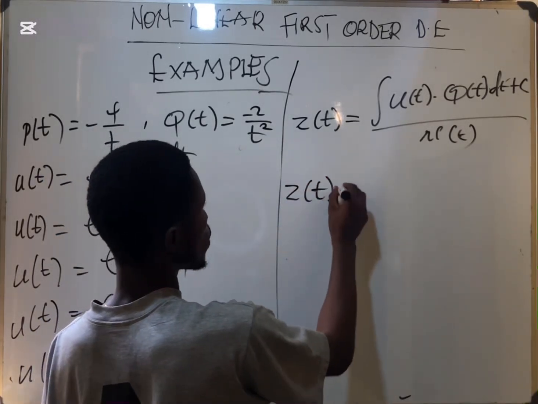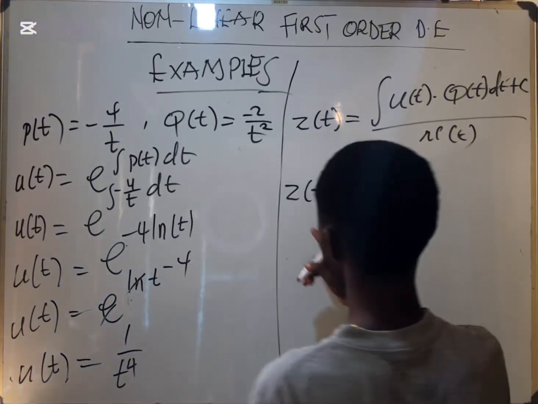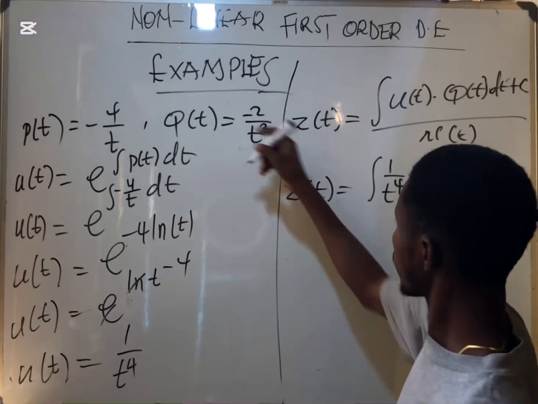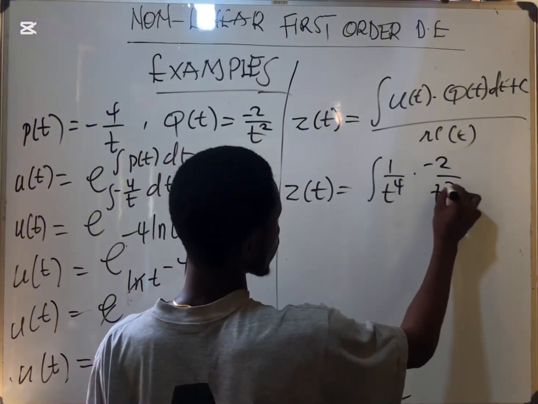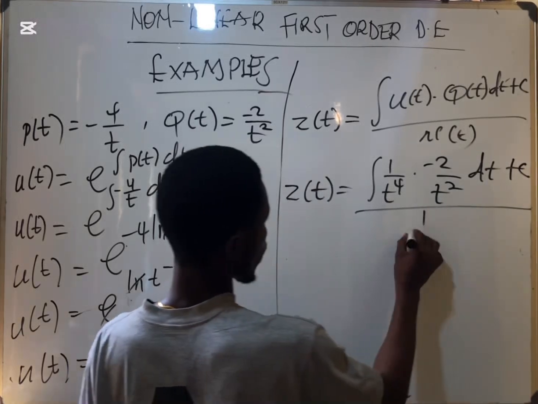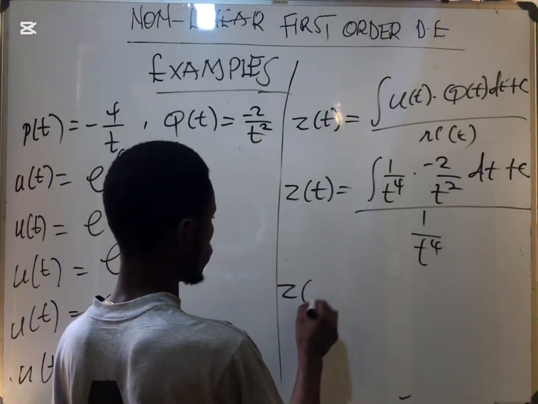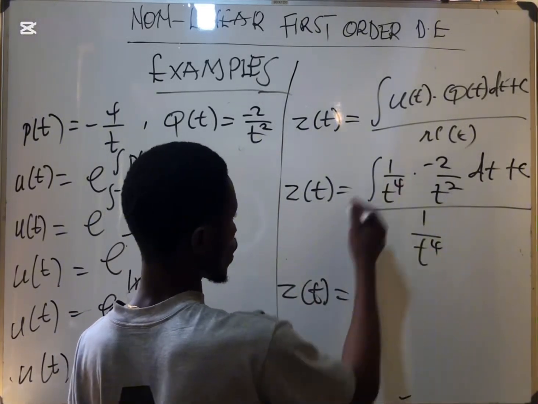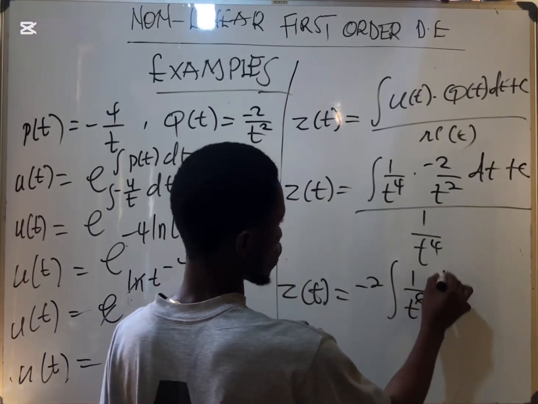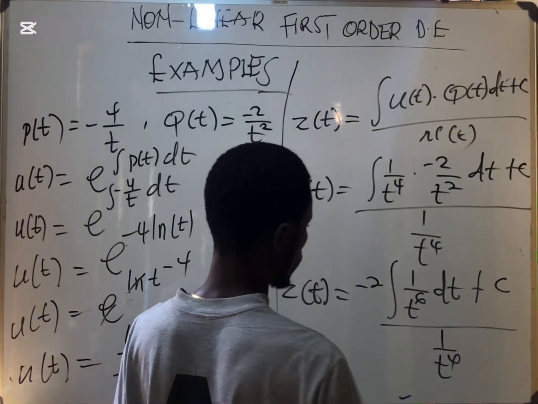So z of t equals, the integrating factor is 1 over t to the power 4 multiplied by k of t, which is negative 2 over t squared, then dt plus c, all divided by 1 over t to the power 4. So I have z of t equals, the negative 2 can come out, so that we have the integral of 1 over t to the power 6 dt plus c, all divided by 1 over t to the power 4.